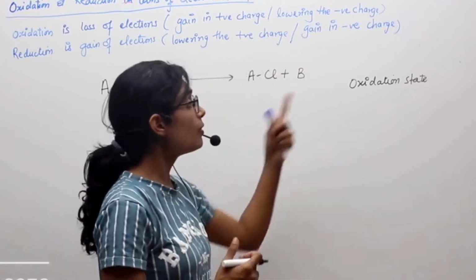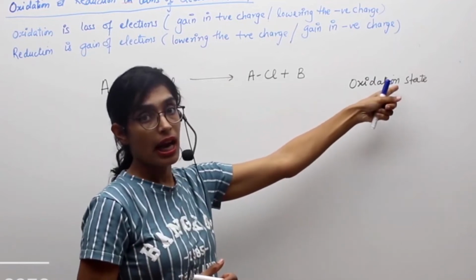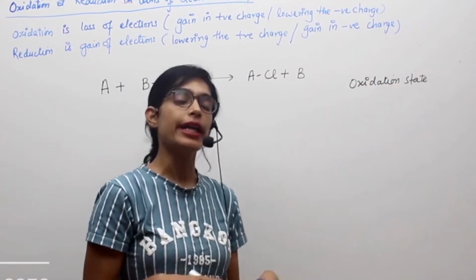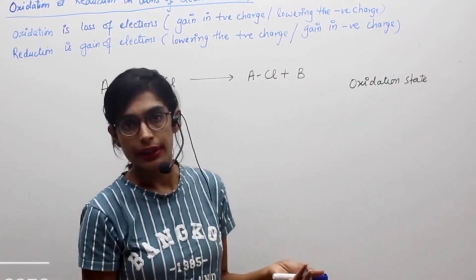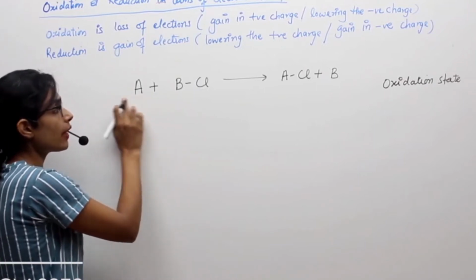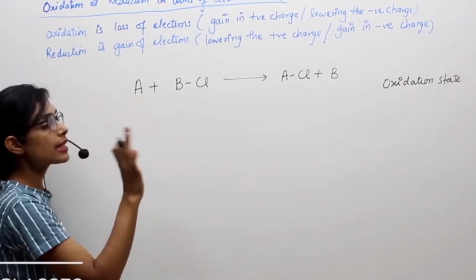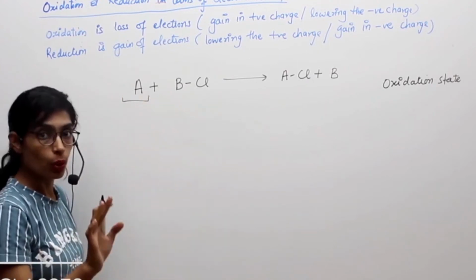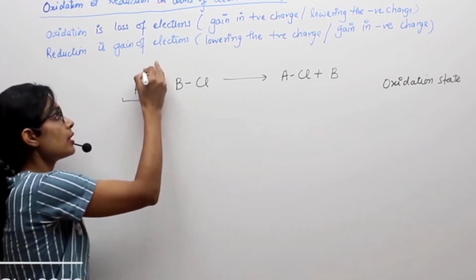So I'll be using oxidation state as the term whenever we are talking about the charges on any element or any species or any ion. Now assume we are talking about A right now, just try to understand it very carefully. Can we see any charge on A right now? No. The charge on A is 0.